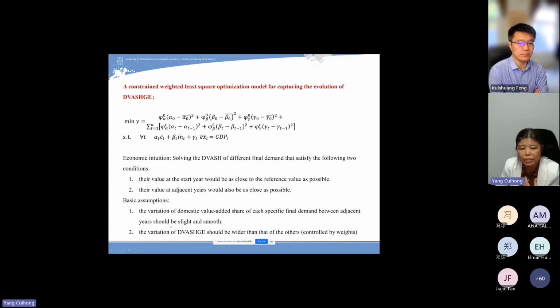But the basic assumption is that the variation of domestic value added share of each specific final demand, that is consumption and investment, between two adjacent years should be slight and smooth, as we have seen from the consumption and capital formation of China. Another is that the variation of domestic value added share of gross export is wider than that of the others, controlled by weights. We also have some procedures to estimate the weights.